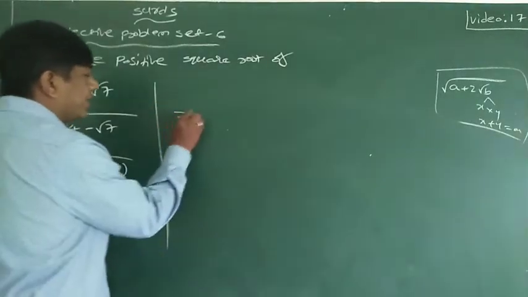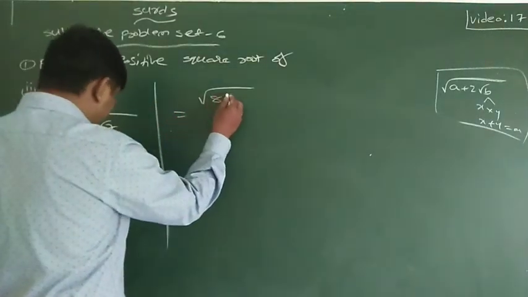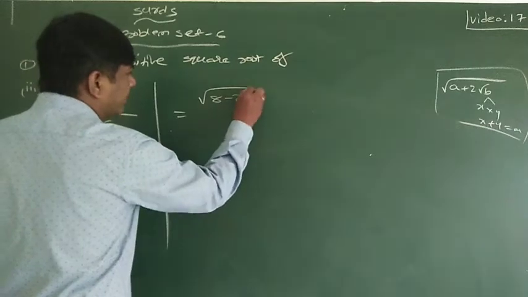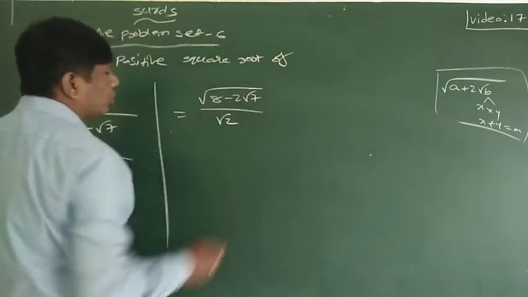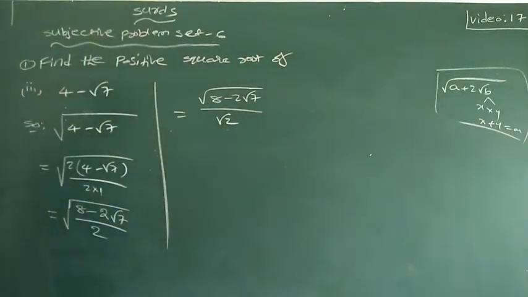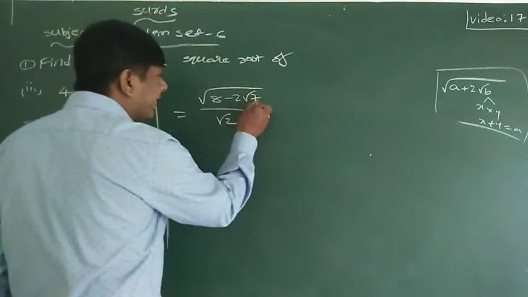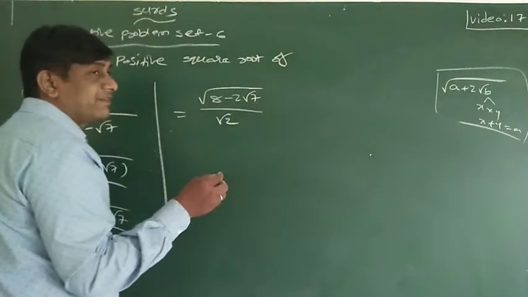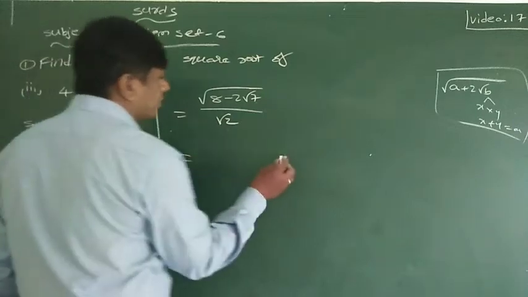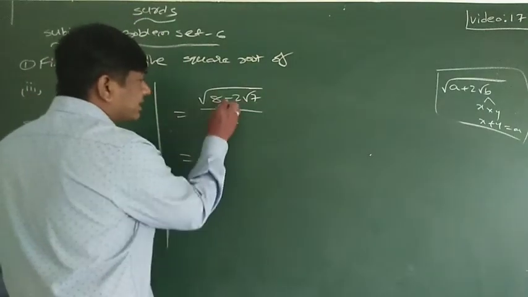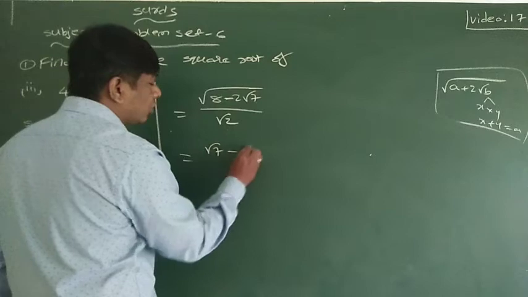Now split this one: numerator 8 minus 2 into root 7 by root 2 by root 2. Now factorize it: 7 1 7, 7 plus 1 is 8. So root 7, since minus is here, minus root 1.